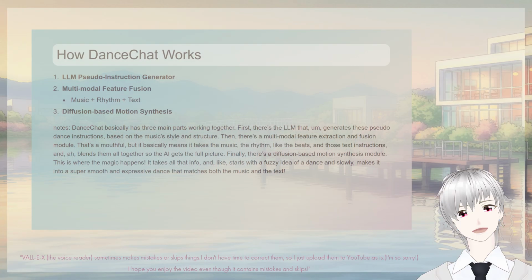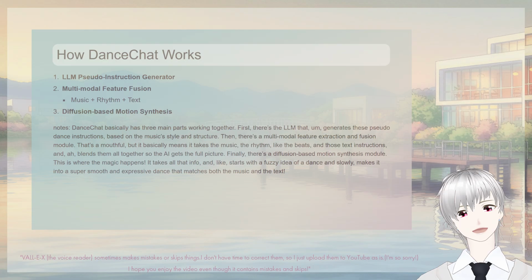DanceChat basically has three main parts working together. First, there's the LLM-based choreographer that generates these pseudo-dance instructions based on the music style and structure. Then there's a multimodal feature extraction and fusion module. That's a mouthful, but it basically means it takes the music, the rhythm like the beats, and those text instructions, and blends them all together so the AI gets the full picture.